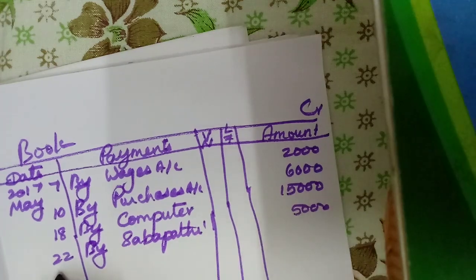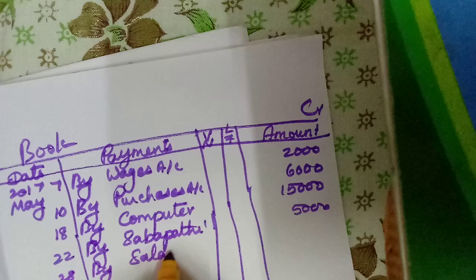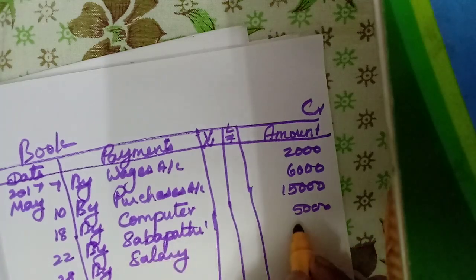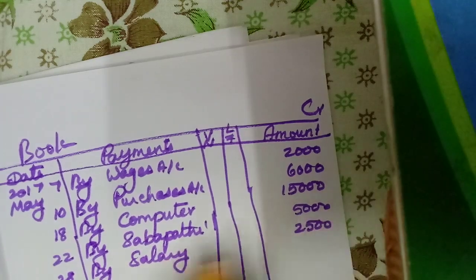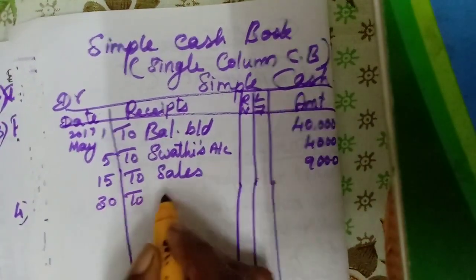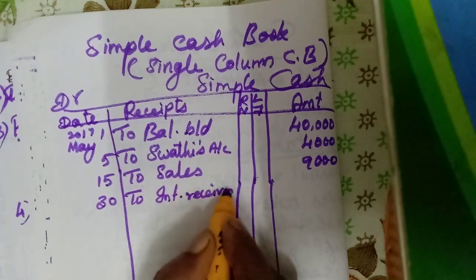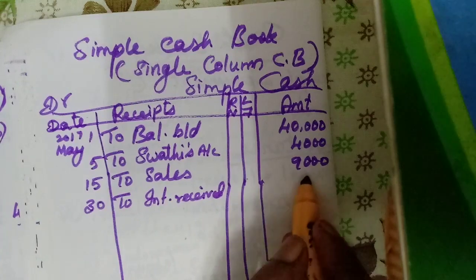Paid salary, payment, 2,500. Interest received, so it is a receipt, 30. Interest received. Simply interest also you can write, 500.